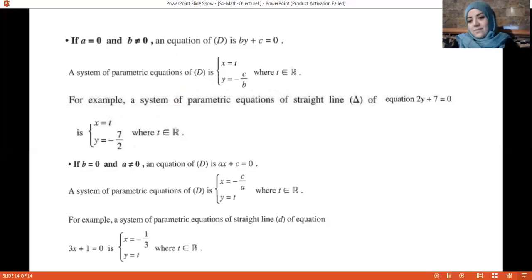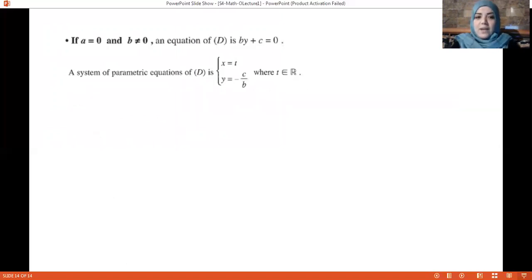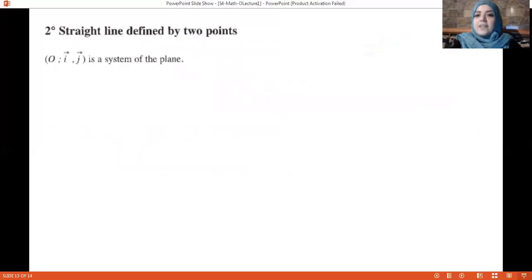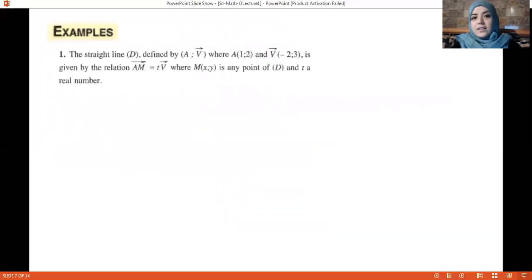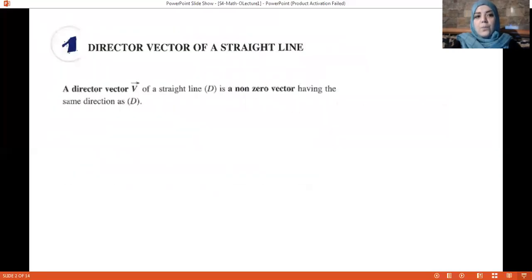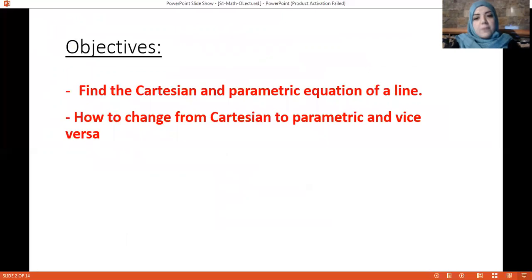That's it. So I'm just going to go back quickly over everything covered to check if we covered our objectives. Our objectives were to find the Cartesian and parametric equation of a straight line, and how to change from Cartesian to parametric and vice versa.